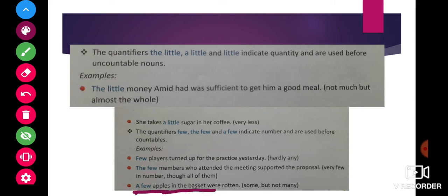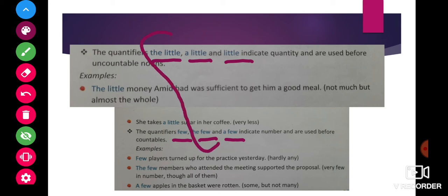A few apples in the basket were rotten. Now a few means some but not many. So we can see some similarity between the little, a little, little and few, the few, a few. Let us look at the similarities. Let us first consider the little and the few.